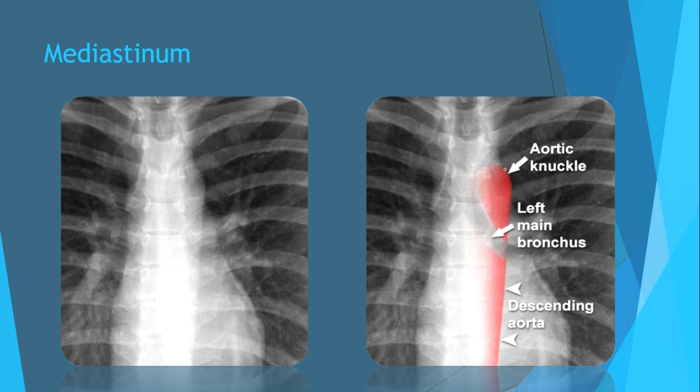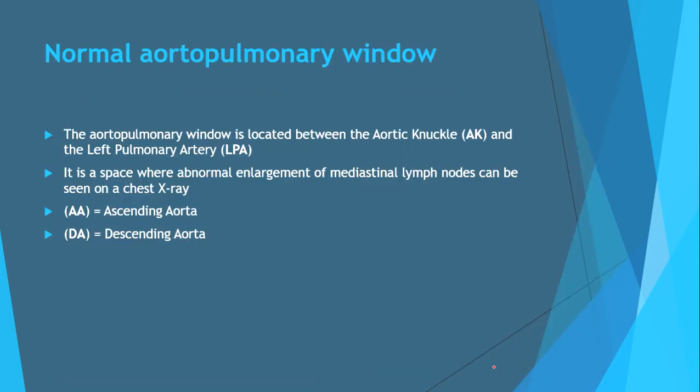Mediastinum. Here we see aortic knuckle, left main bronchus, dark structure, and descending aorta. Normal aortopulmonary window. The aortopulmonary window is located between the aortic knuckle and the left pulmonary artery.